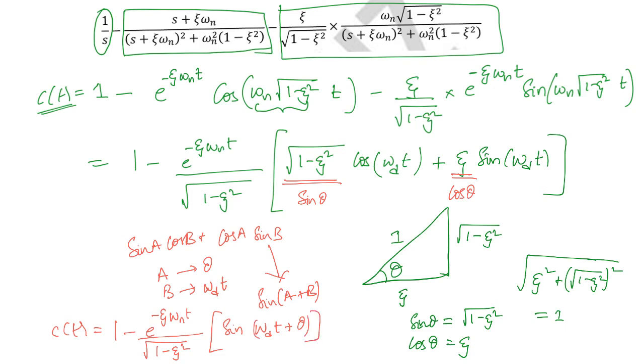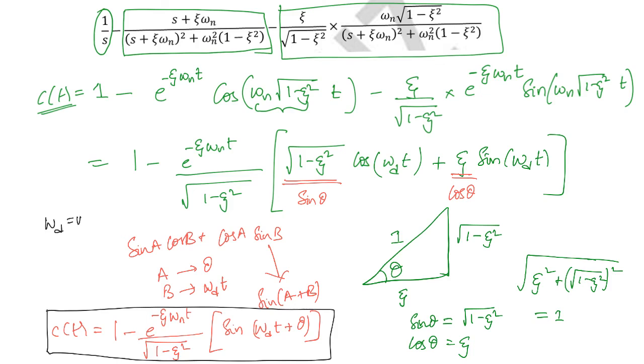So this will be the output. Here omega d is omega n into root over 1 minus zeta square. So this is the unit step response of a second order system.